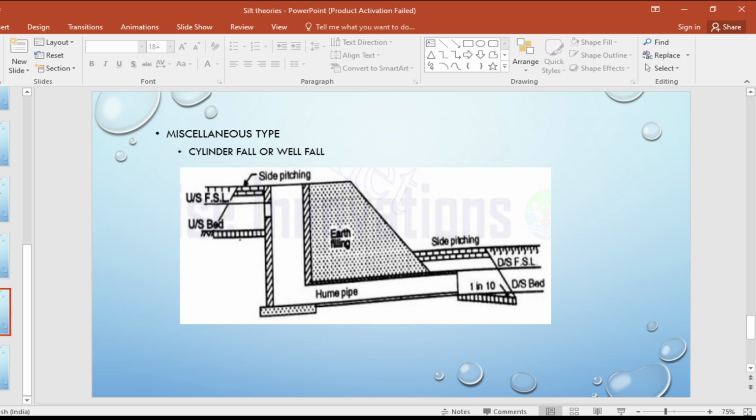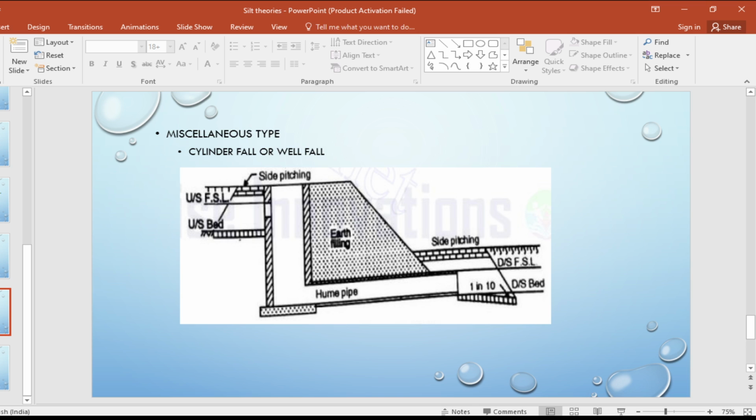I'll explain it. Before that, for class 1, the principal types or categories are trapezoidal notch fall and low crested rectangular notch fall.